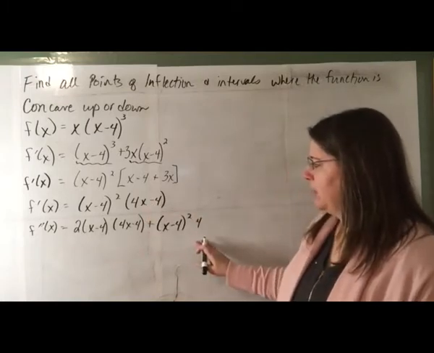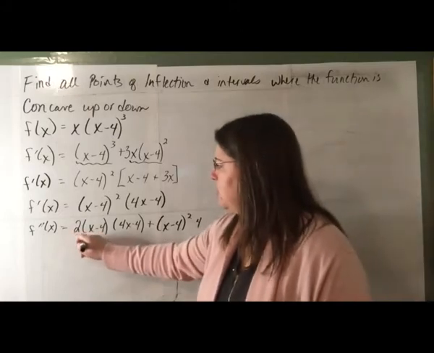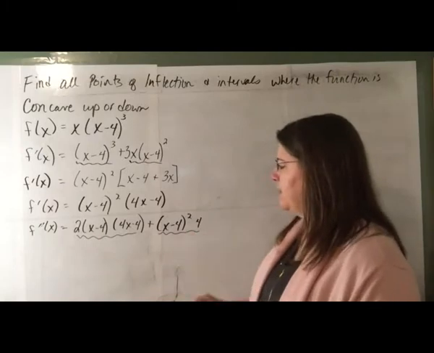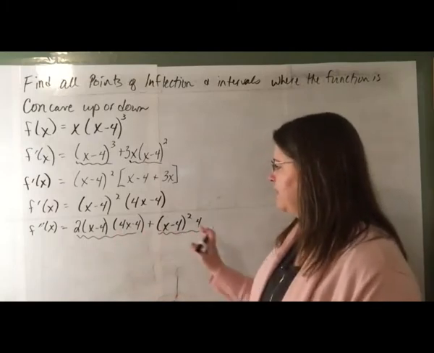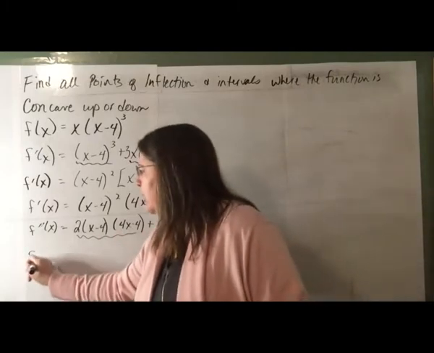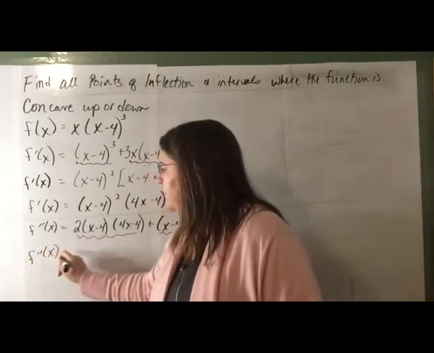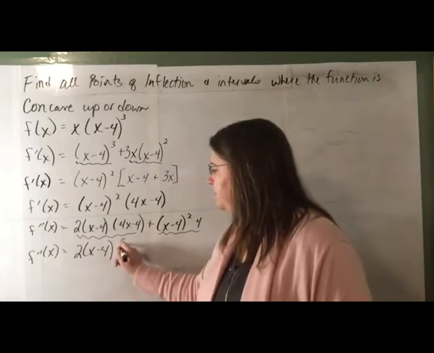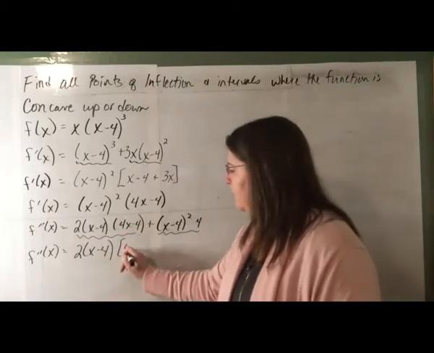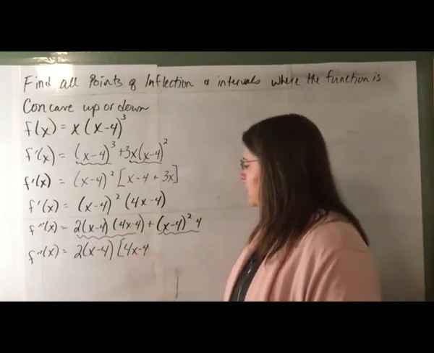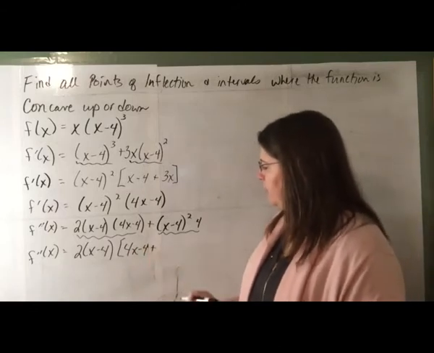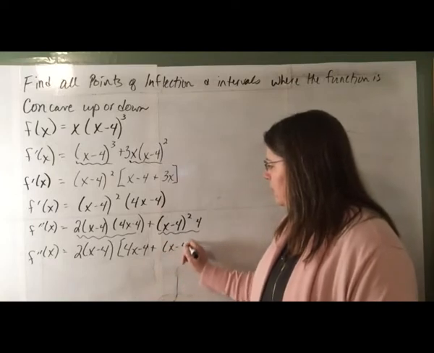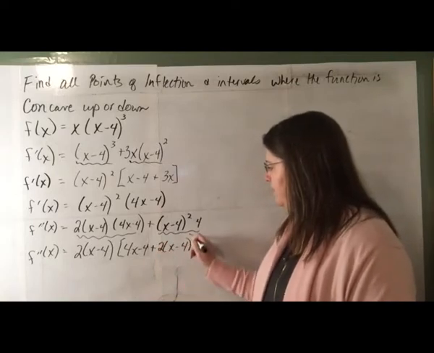Then, similar to the last one, this is the first thing, this is the second, they both have an x minus 4 in common and they both have a 2 in common. So I can bring out a 2 times (x minus 4). When I do that, I have 4x minus 4 left, plus an (x minus 4) times 2.